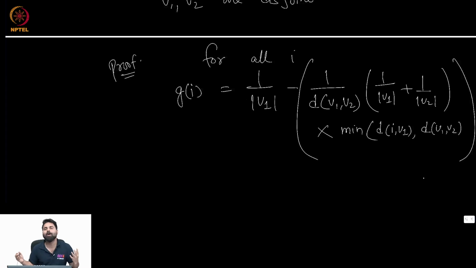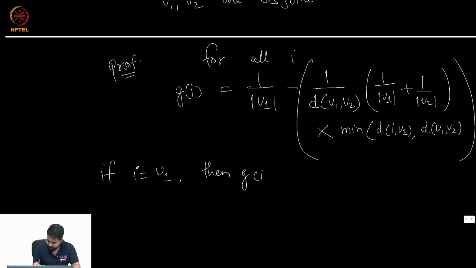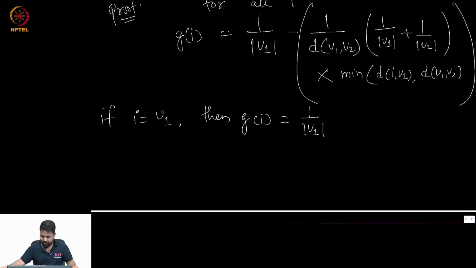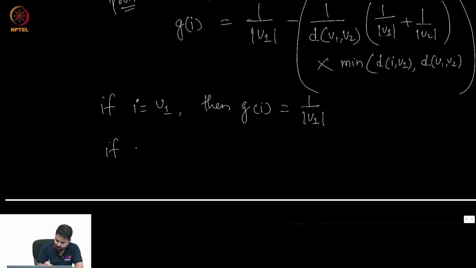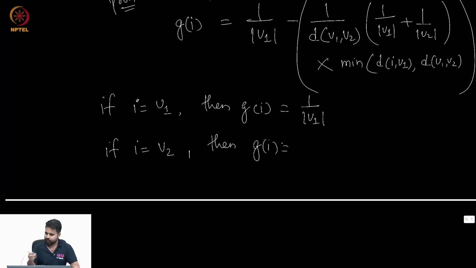Suppose i belongs to V1. Then what will this quantity be? In that case, the distance from i to V1 is 0, so this whole quantity will become 0, and gi is nothing but 1 divided by |V1|. And what if i belongs to V2?